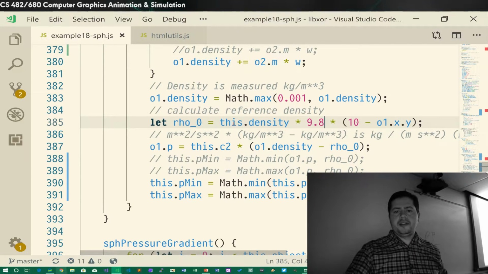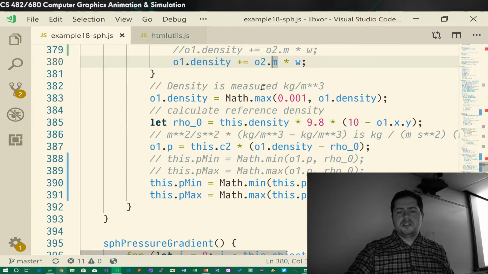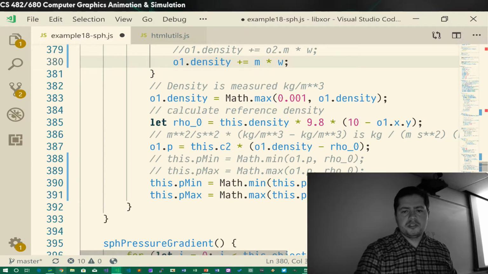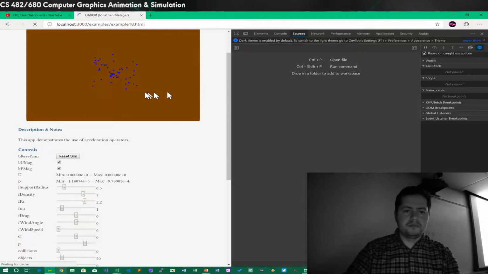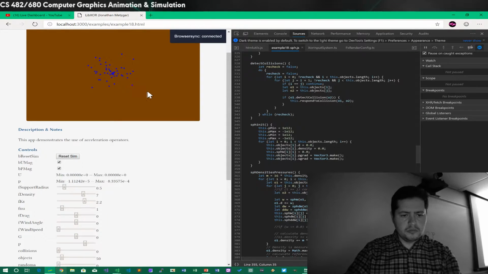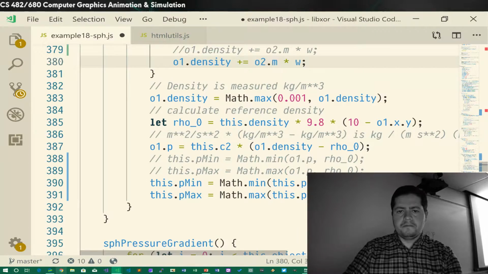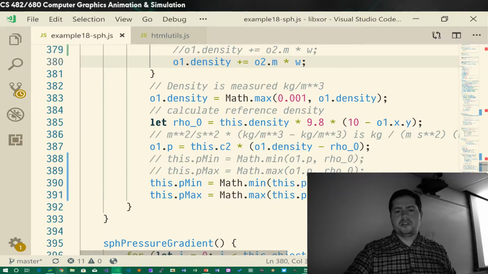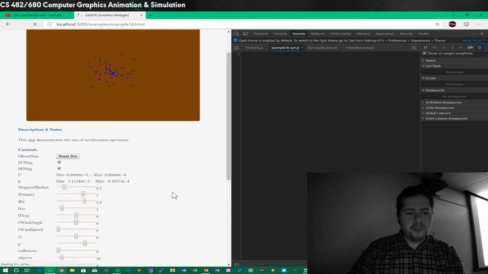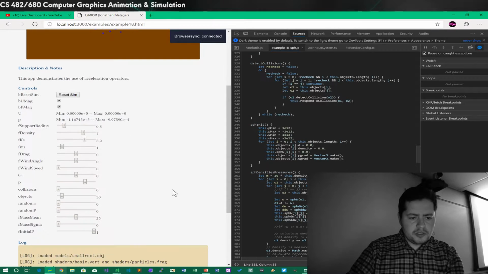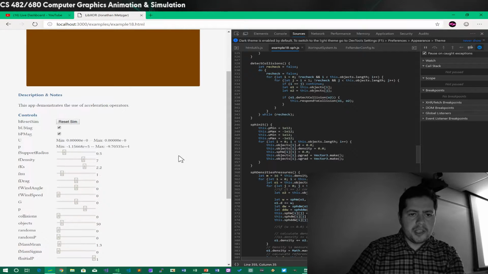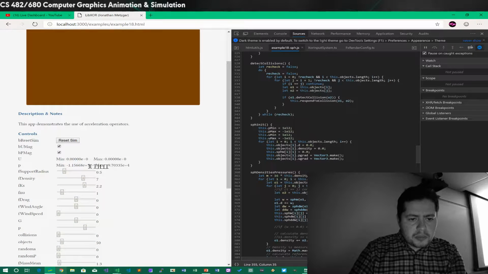Okay, so I think initially we created the particles too thick. Now, if I put the mass all the way down to something low, now we can't see the particles, but I would expect this number to change.